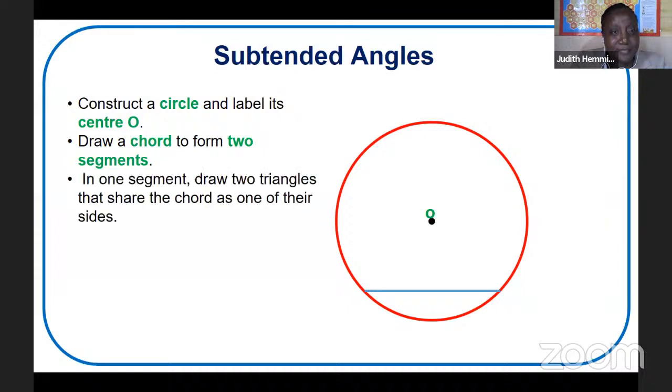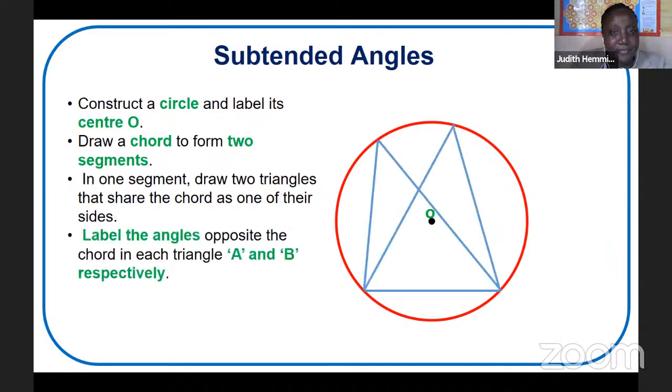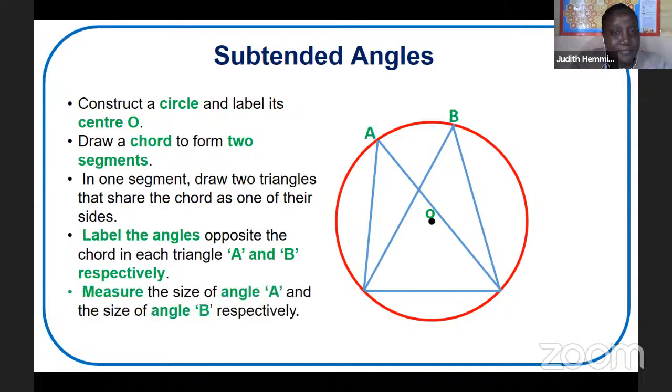If you look at this chord in blue here, it has divided the circle into two segments. Then in one segment, we're going to draw two triangles that share the chord as one of their sides. So we constructed the chord first, and then we constructed two triangles as a result.